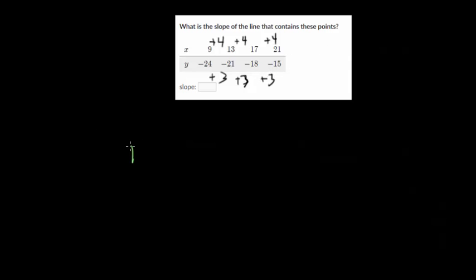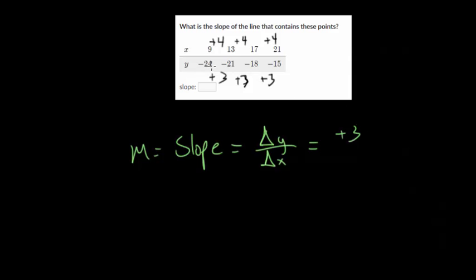So now our slope, m, our change in y values, our rise, divided by our change in x values. Our rise, we are going up 3 every time. So our y values are changing from one point to the next by 3 in the positive direction. So they're getting bigger. We're going up towards positive values.